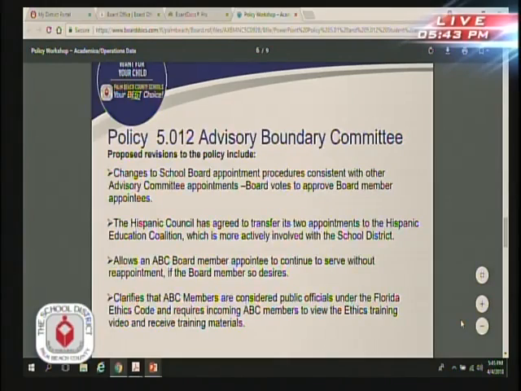Regarding appointees, the Hispanic Council has agreed to transfer its two appointees to the Hispanic Education Coalition, which is a much more active organization with the school district at this point in time. When that provision was put in, it was the Hispanic Council that was more active. There are also some other appointment provisions, including clarification that ABC members are considered public officials.